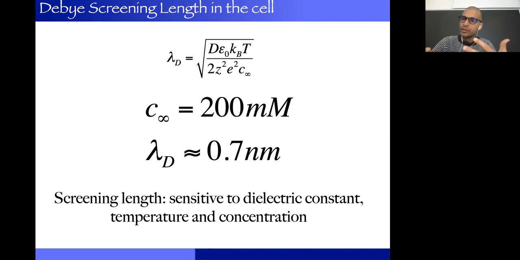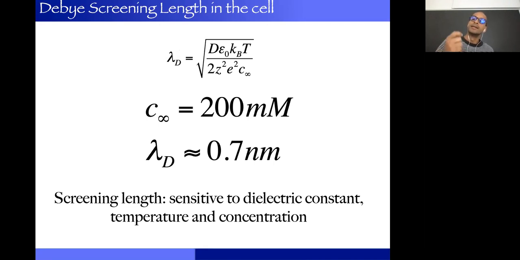You can use this continuum dielectric mean field theory and show that there's a length scale known as the Debye screening length.